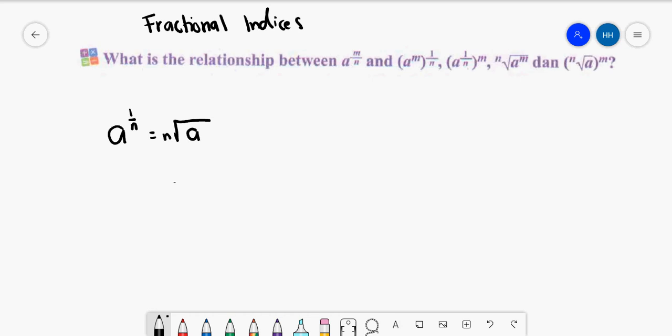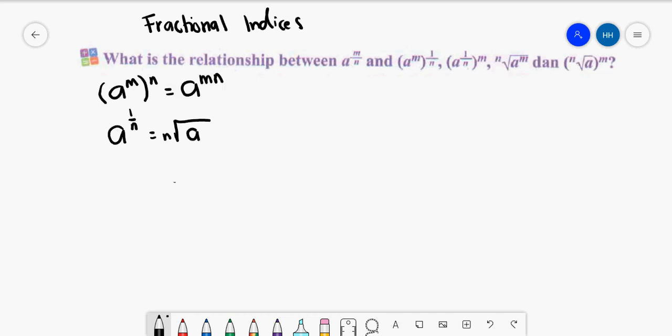And before that, you also learned about an index raised to a power, that is a to the power of m, then to the power of n, equals a to the power of m times n.